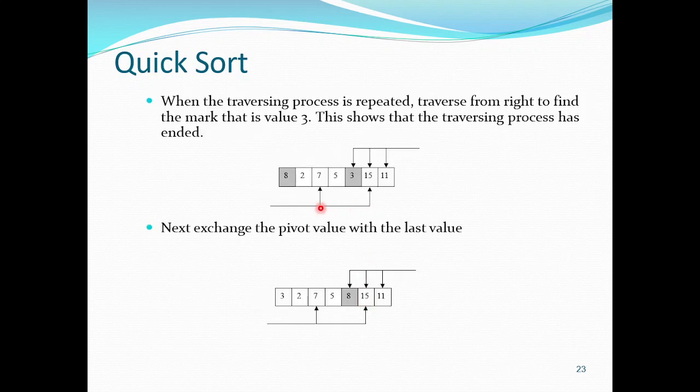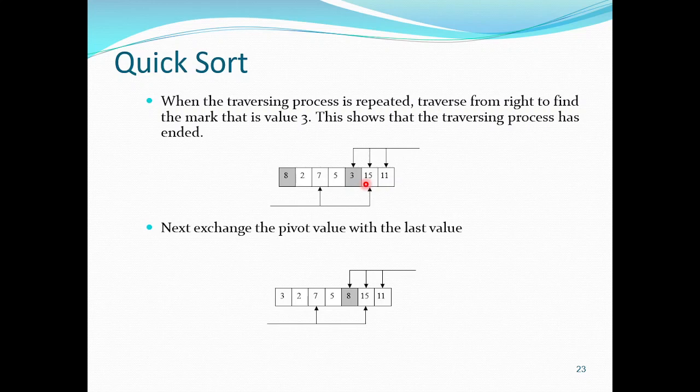And then we move the pointers: the left pointer forward, and the right pointer also moves toward the left. If the left pointer index is bigger than the right pointer index, that means you can stop the loop.